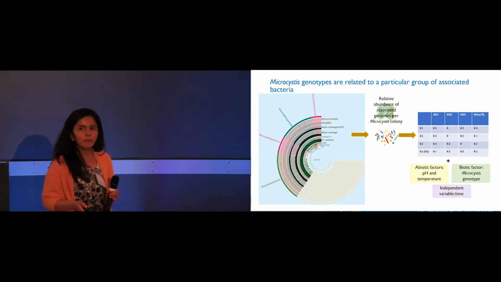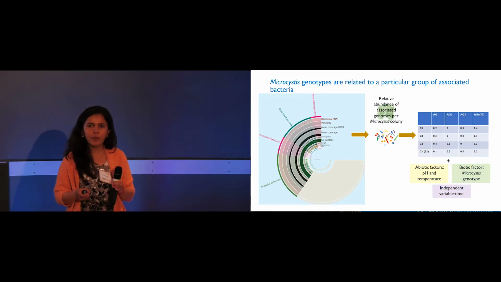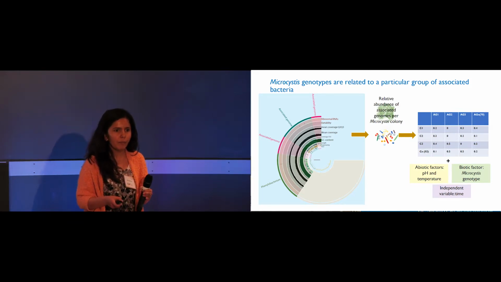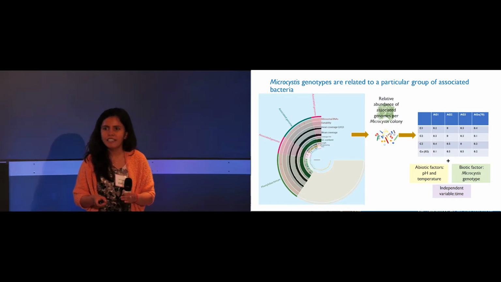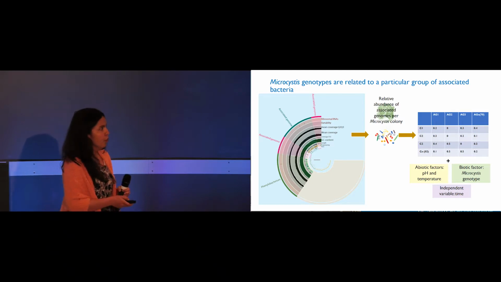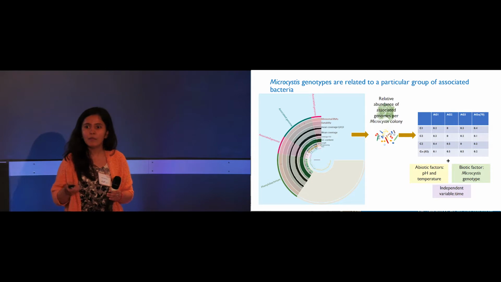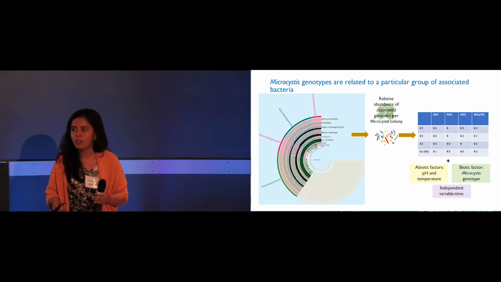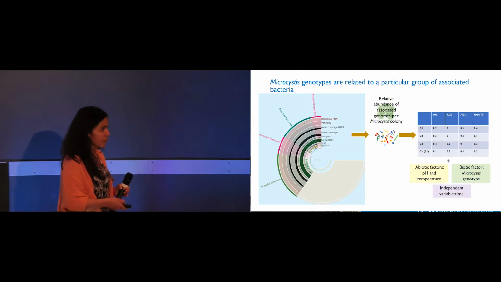We took all the 82 colonies and did a super assembly or co-assembly of these sequences, and we found that in the colonies there are around 70 different genomes of associated bacteria, complete and incomplete genomes. So what we did was estimate the relative abundance of these associated genomes, excluding Microcystis, for each colony.